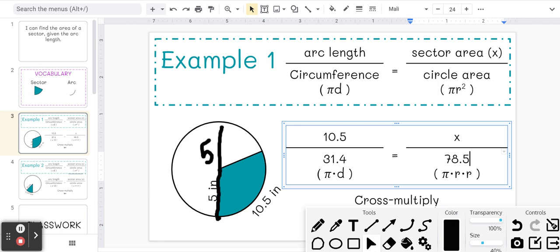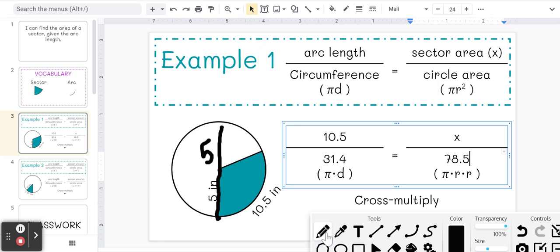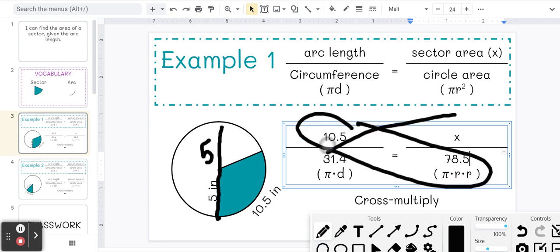All right, then to solve a proportion, you could use arrows, but this is kind of confusing because it has decimals. Our other option is to cross multiply. So if we multiply in this direction and in this direction, those cross products should be equal to each other.